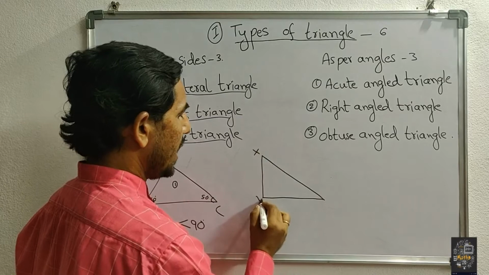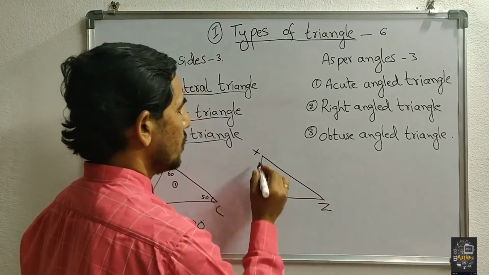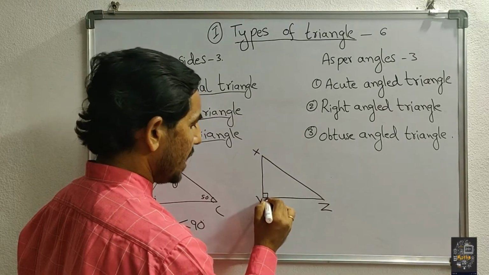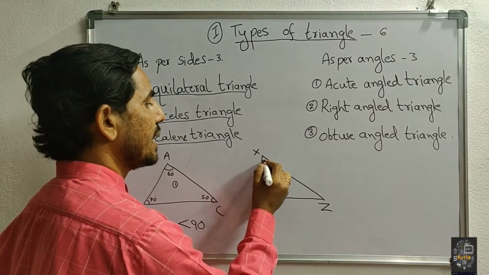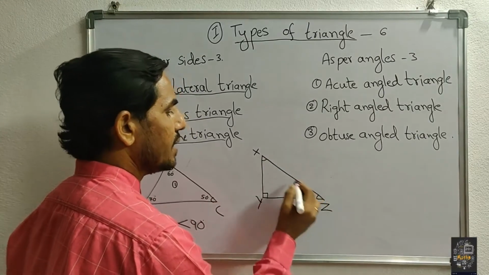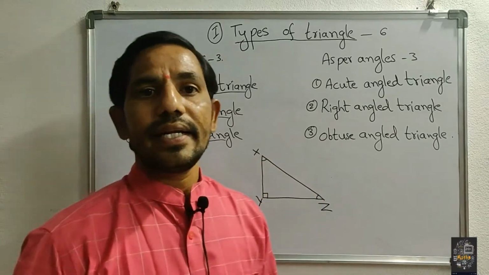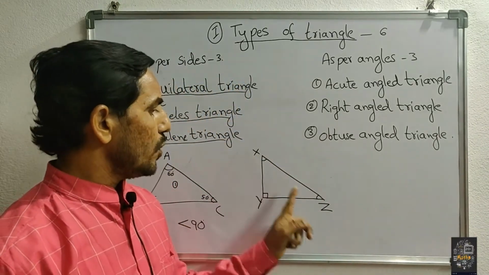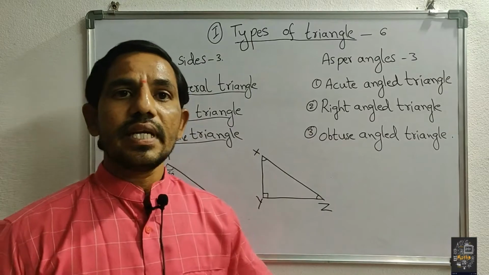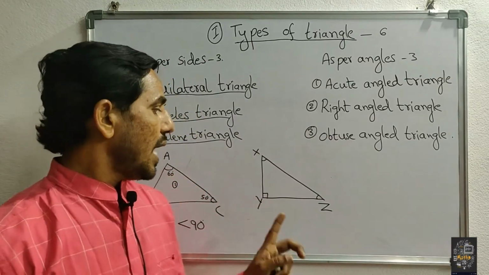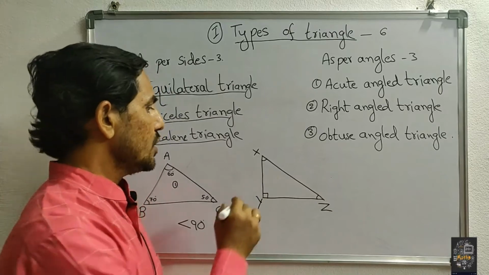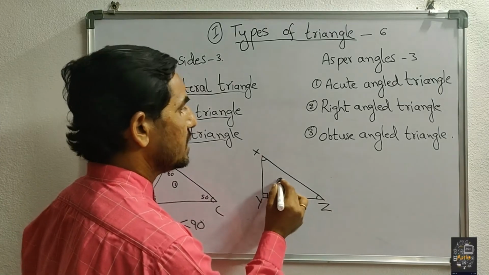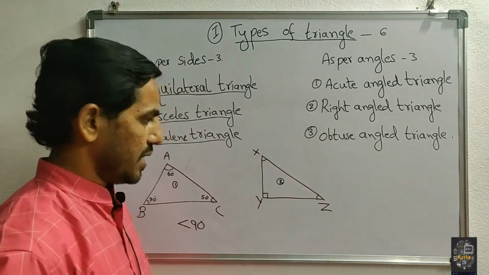XYZ. Here angle Y is exactly 90 degrees, and angle X and angle Z are less than 90 degrees. Only Y is equal to 90 degrees. So this is the second one, the right angled triangle.